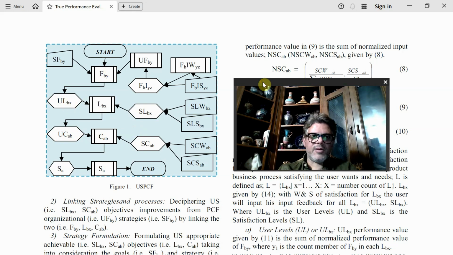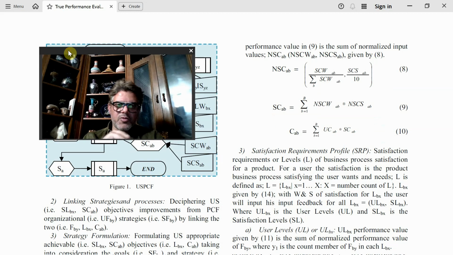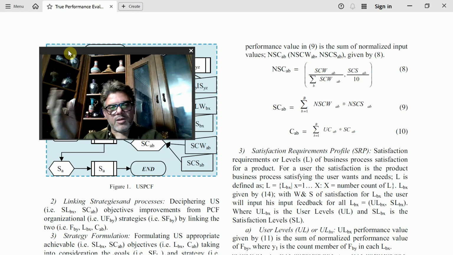So don't be disturbed by this is the level, and it's calculated mathematically by the framework, or this is the category mathematically calculated by the level.